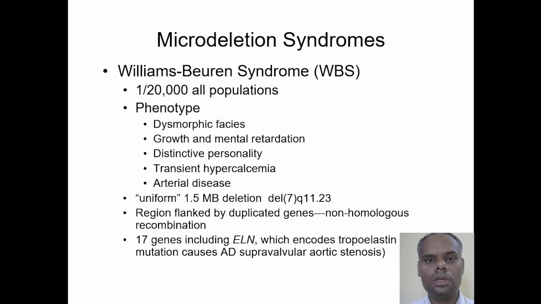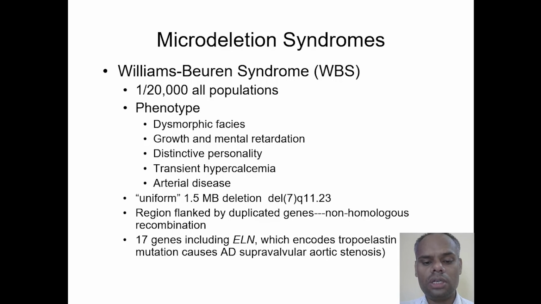Next is microdeletion syndrome. The most common example is WBS, Williams-Beuren syndrome, where the incidence rate is 1 in 20,000 of the population.